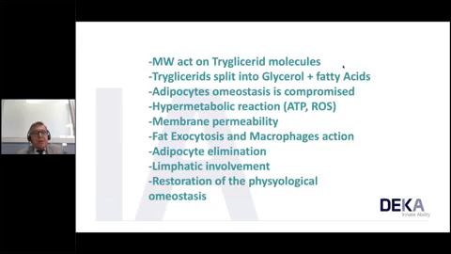There is an increase and alteration of membrane permeability. Fat exocytosis, then macrophage action. Adipocyte elimination by lymphatic involvement and pathway, and then the restoration of the physiological homeostasis.